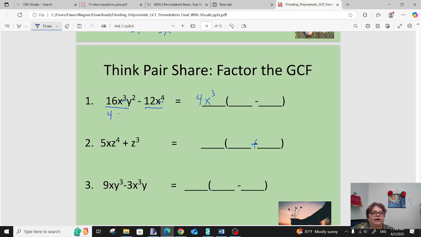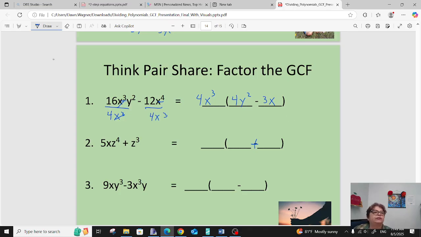So now I divide both of these by 4x to the third power. 16 divided by 4 is 4. X to the third over x to the third is 1. 1 times 4 is 4, so that just cancels out. And then I'm left with y squared. 12 divided by 4 is 3. 4 minus 3 for those exponents for the division would be just x.